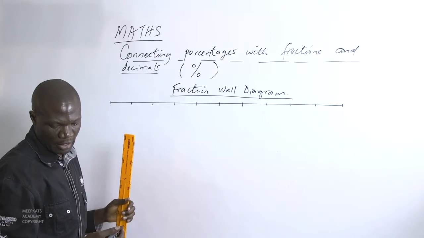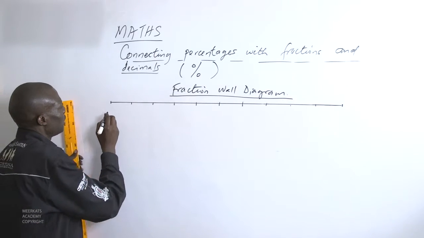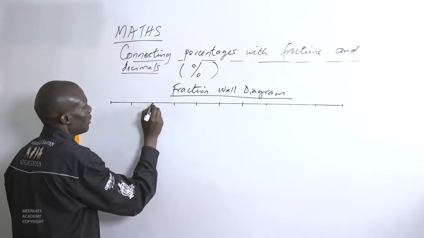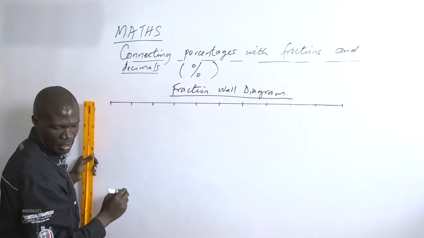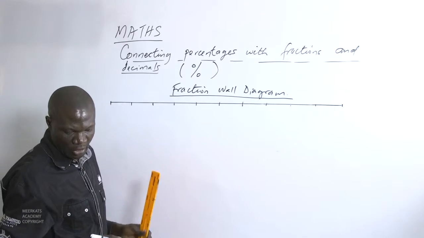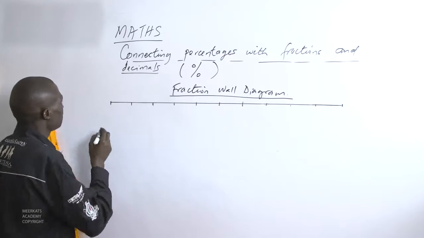Now, having said this, you'll notice that this here is a scale. In a scale, we have 0 here as our 0%. I want us to represent percentages first.